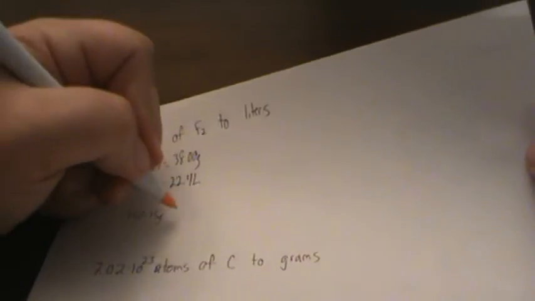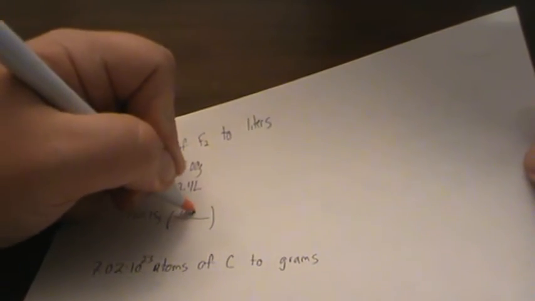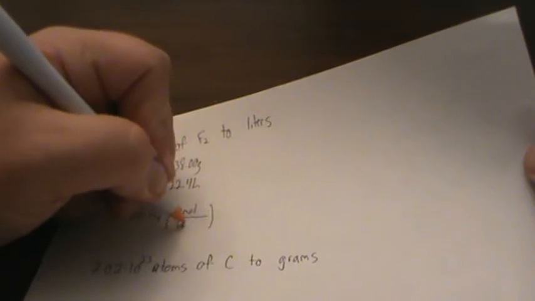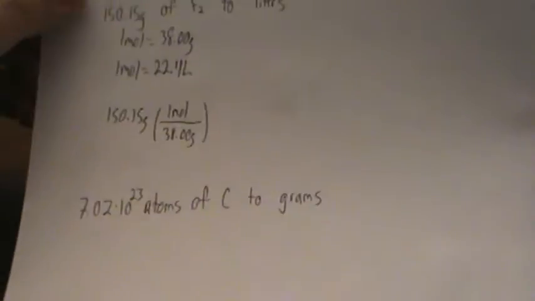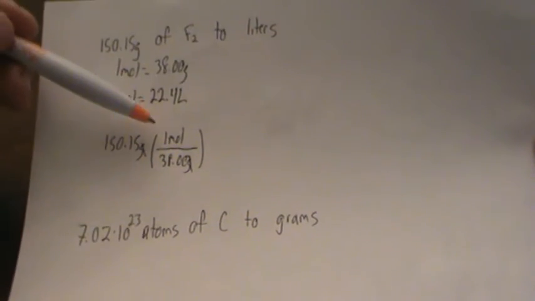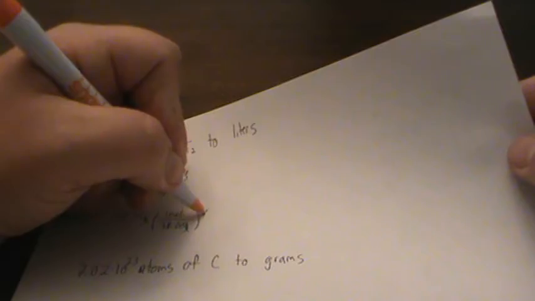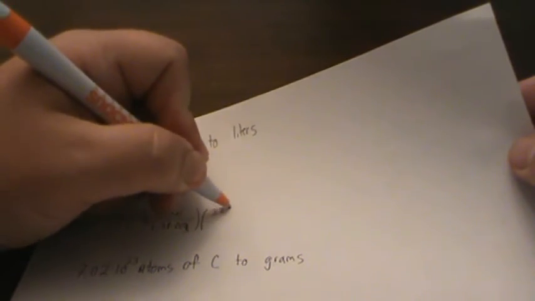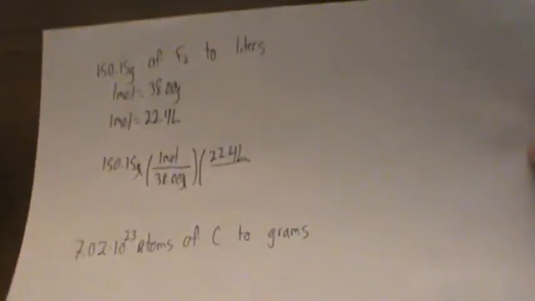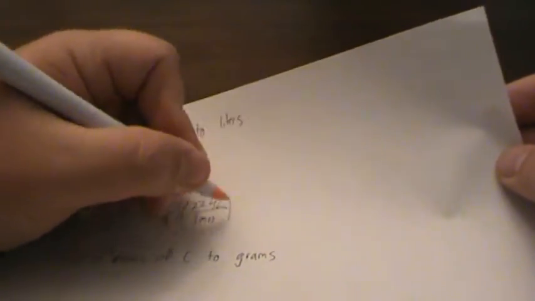150.15 grams. We're going to use that first conversion factor so we can go from grams to moles. So 1 mole over 38 grams. So the grams cancel out, and now we are in moles. Then we're going to use the second conversion factor so we can go from moles into liters. So in our second ratio, we'll have 22.4 liters up top, 1 mole down the bottom.